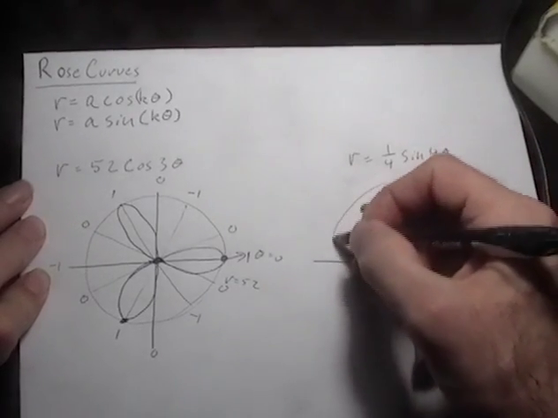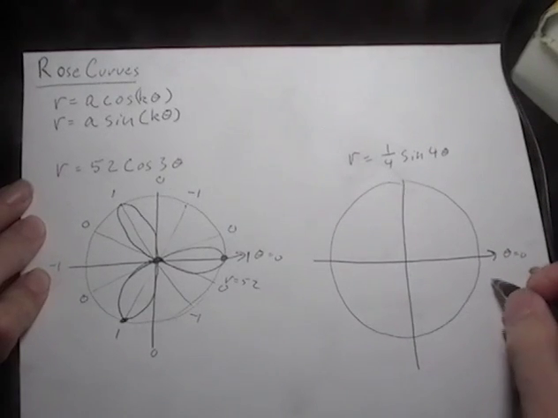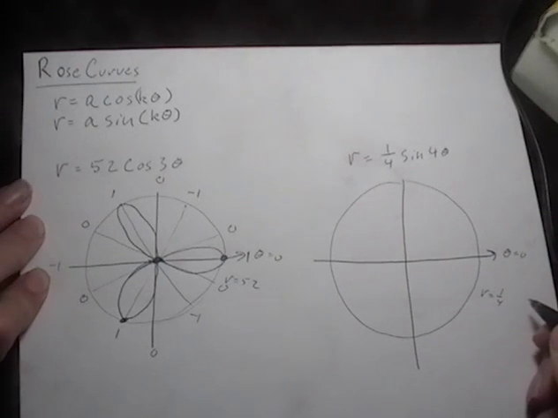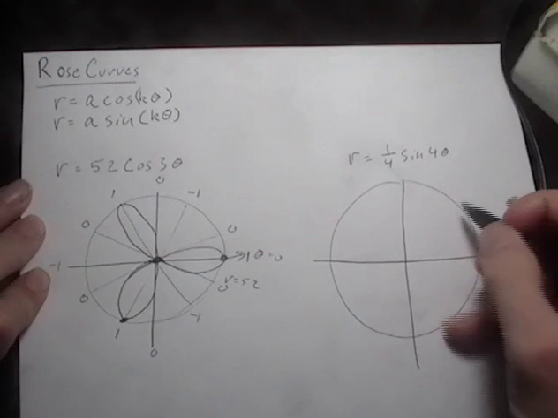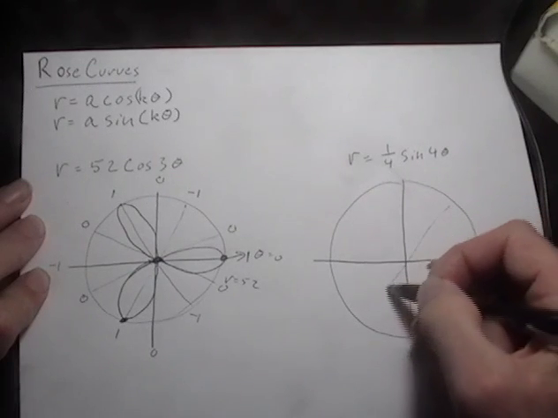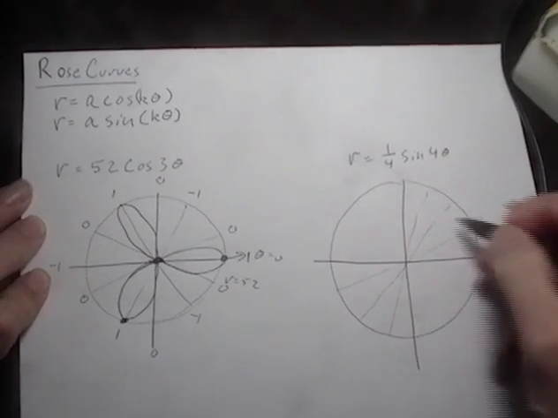Draw the circle, about the same size, but now I'm going to label it r equals 1/4. Subdivide each quadrant into 4 pieces. I find it easiest to cut in half, and then to cut each of my halves in half.